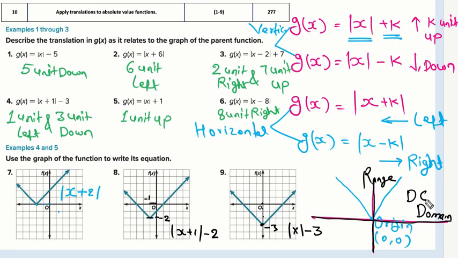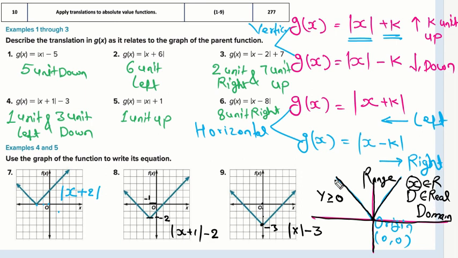Now, what about the range? The range for this graph is only above 0, so y is more than or equal to 0. And the domain is all real numbers, x is all real numbers.